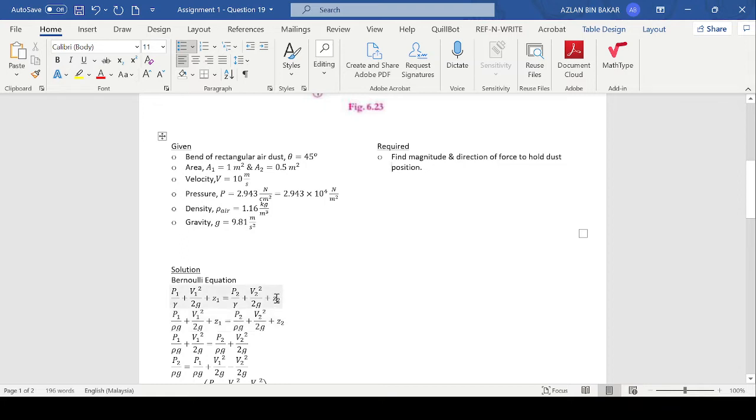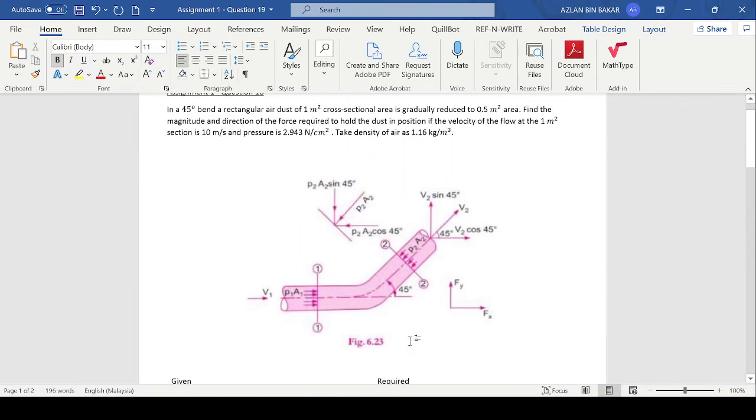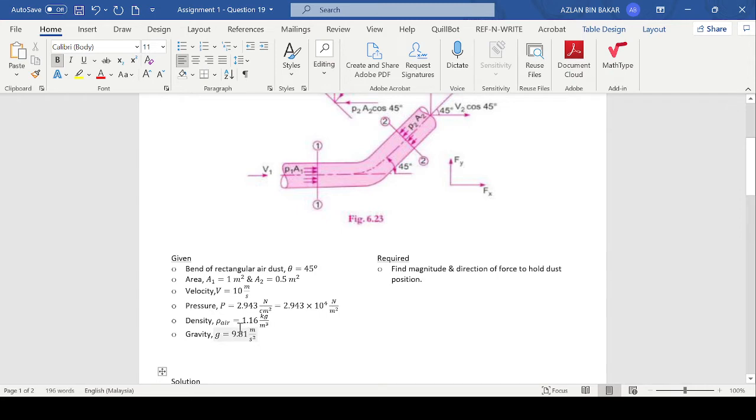First is the Bernoulli equation that uses specific weight, and second is the one that uses density and gravity, but it depends on the question. The one that I use is the density, because the question gives the density of the air, which is 1.16 kilogram per meter cube.